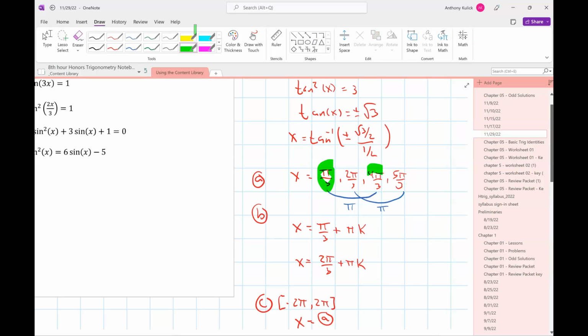I noticed that these two are pi apart, so I can combine those solutions and write one that's just pi apart instead of 2 of them that are 2 pi apart. That's all I did. And it's okay to just write them all as 2 pi ones. Okay.